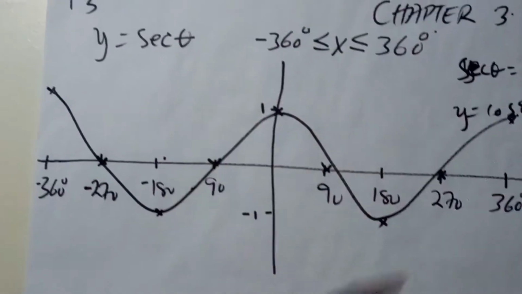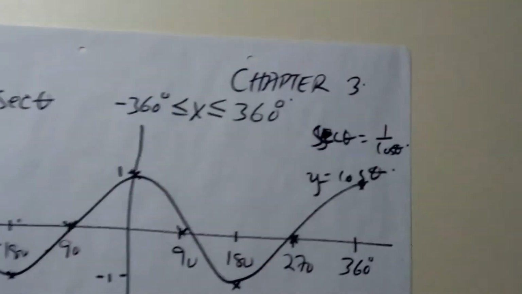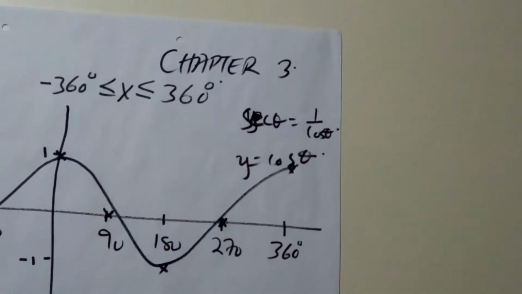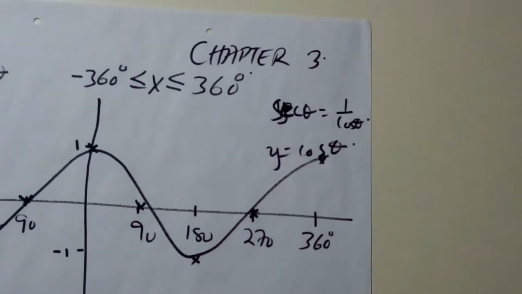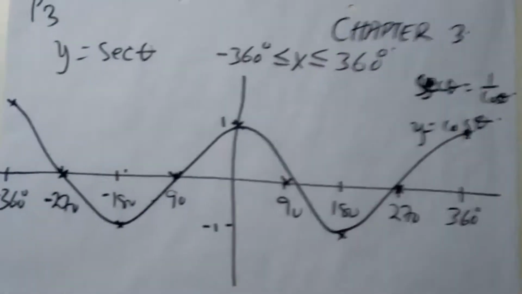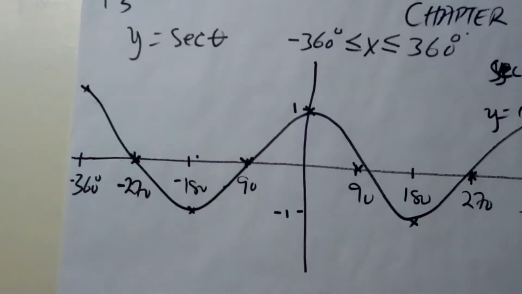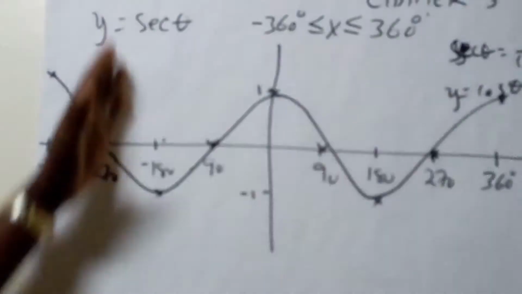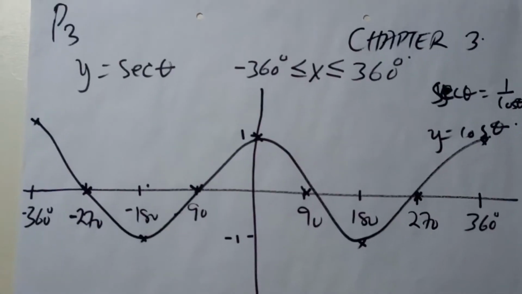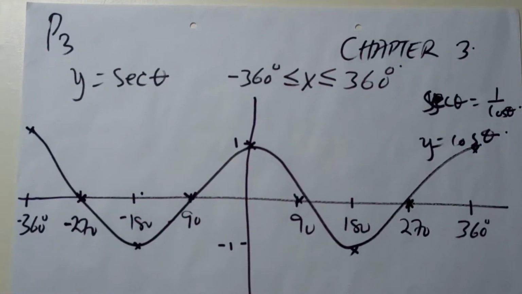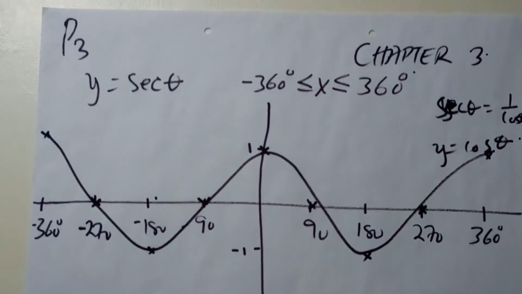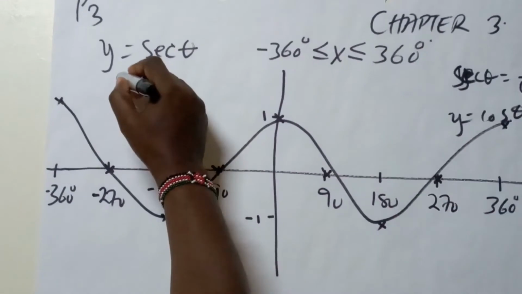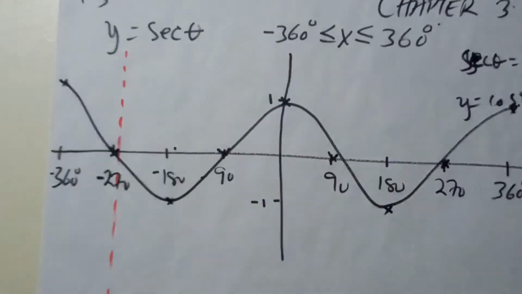Now that we know sec x is equal to 1 over cosine x, or theta for that matter, one thing we must take care of: wherever cosine theta is 0, 1 over 0 is undefined. So we are going to have an undefined graph along this line, so that becomes an asymptote.